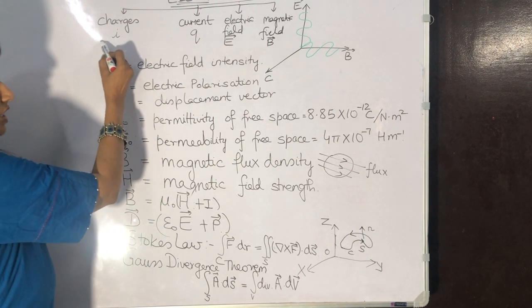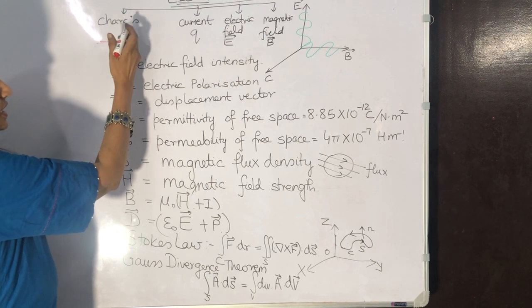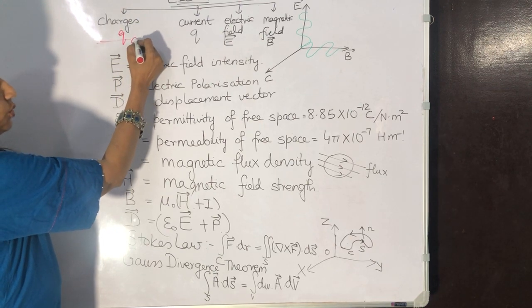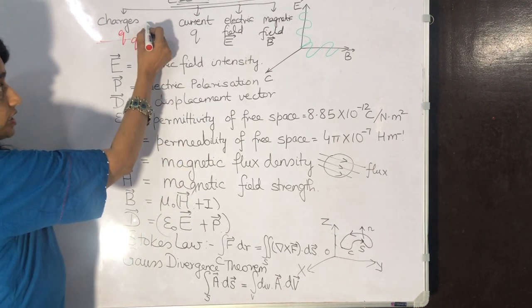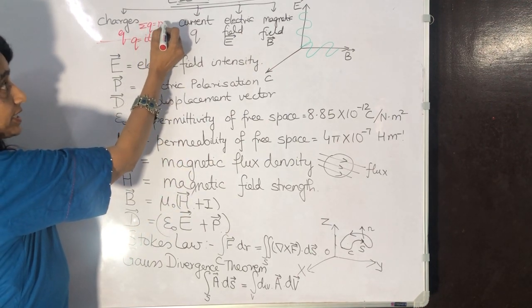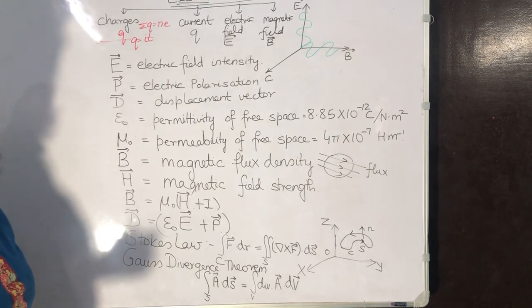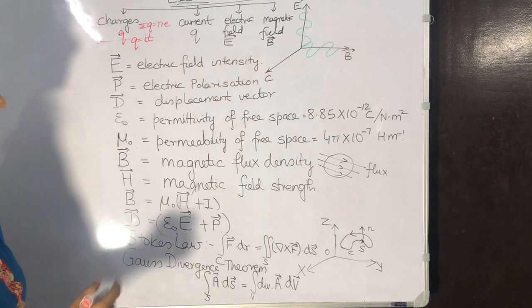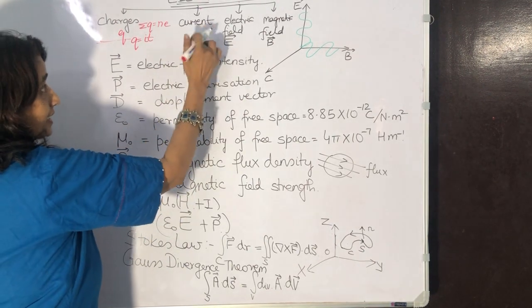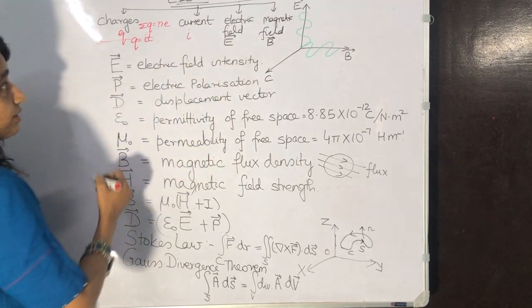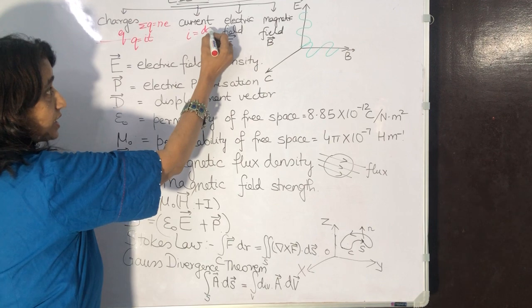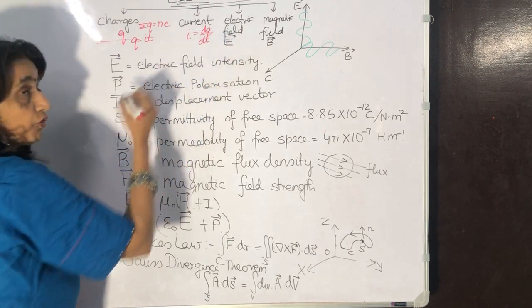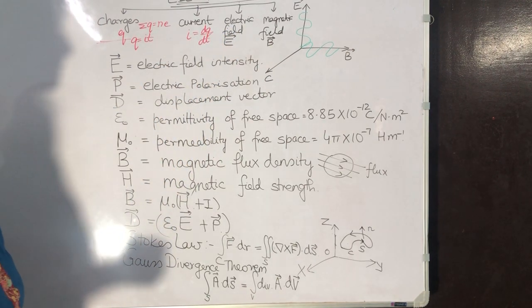are charges. You must have heard a lot about charges, that Q is equal to IT, or charges are quantized, they occur in multiples of ne. Current, that is I, is the variation of charge with respect to time, that is when the charge starts flowing we get current.